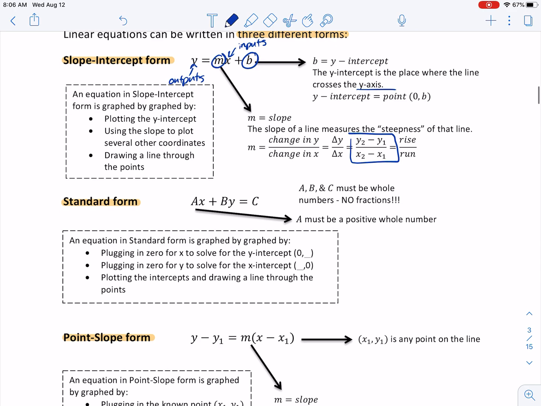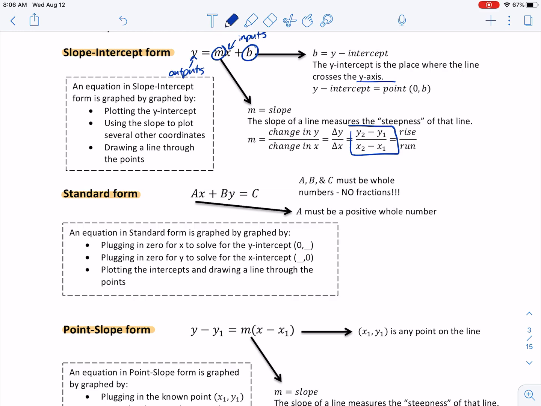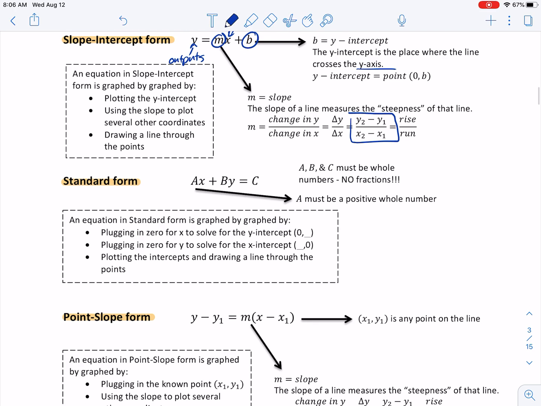Let's continue with standard. Standard form is ax plus by equals c. Just 2 important parts of standard form. A, b, and c need to be whole numbers. So if you have fractions as your coefficients, remember, coefficients is just the number that comes in front of the variable.